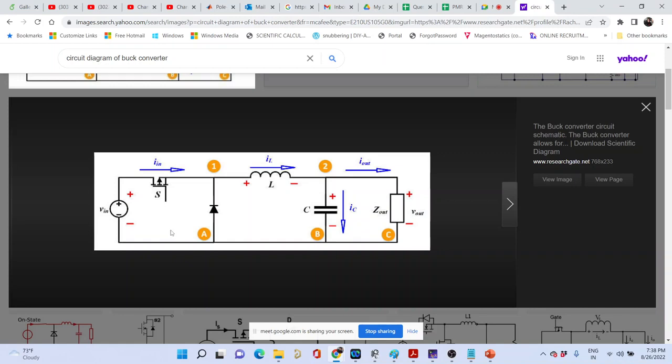Sir, then it will become short circuit, no? No, the potential will be the same. Instead of putting it on the positive rail, I am inverting the MOSFET and putting it on the negative rail.